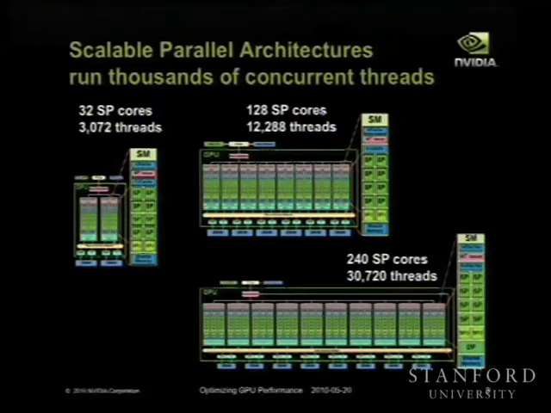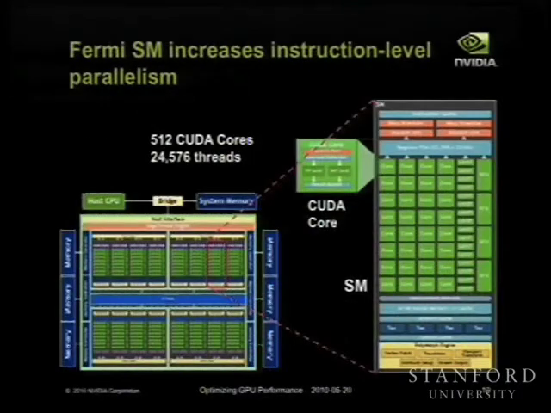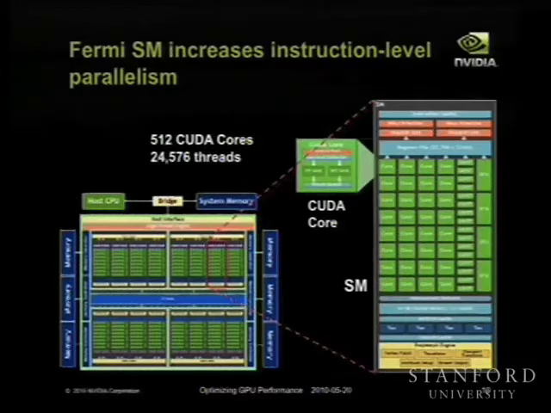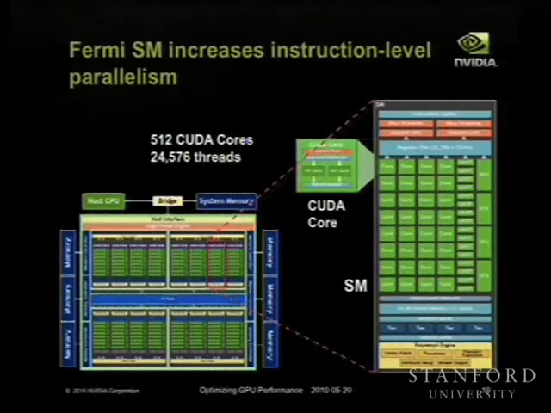So threads by data calculates results by data. That's the most common data parallel decomposition that gives you this kind of parallelism. And if you go to Fermi, Fermi doesn't really have more threads, but it has 24,000 threads, and it does have more instruction level parallelism in that a given thread can do 2 instructions every cycle rather than just 1 in the previous generations.